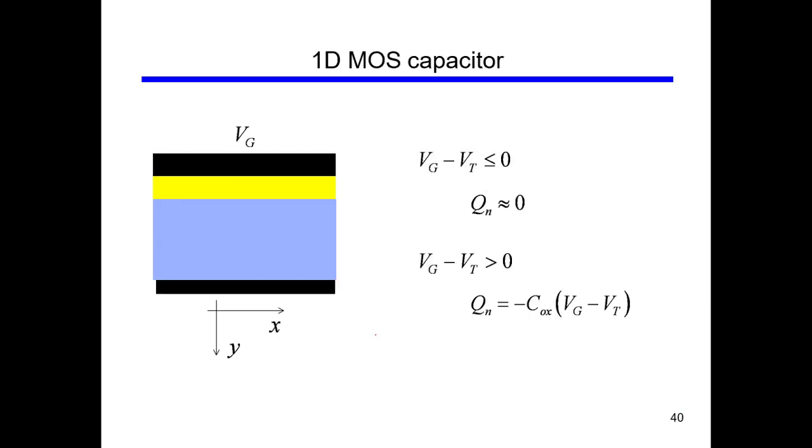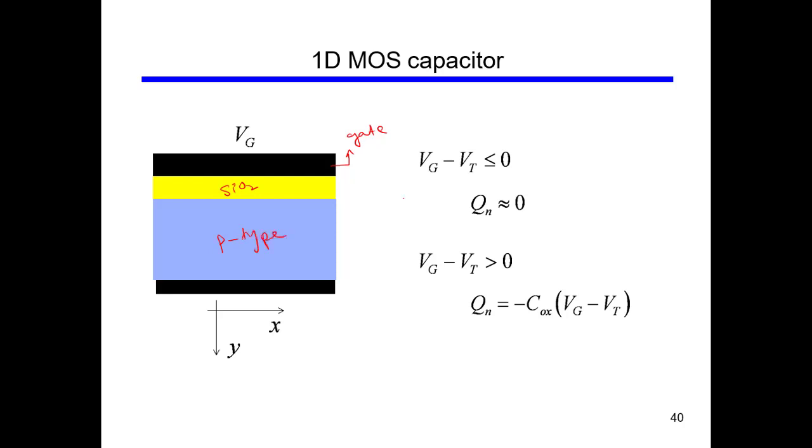So we start with this simple case where we have a 1D MOS capacitor. So this is our gate, this is our silicon dioxide, and this is our semiconductor.